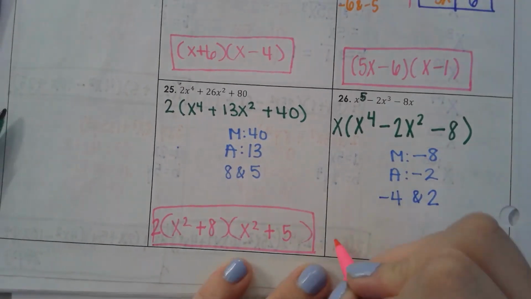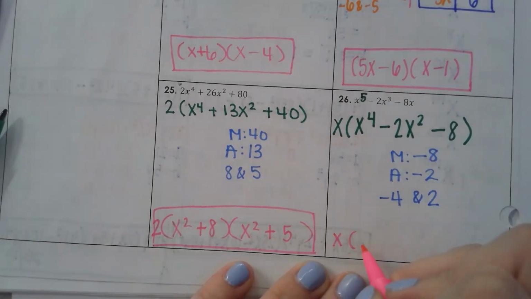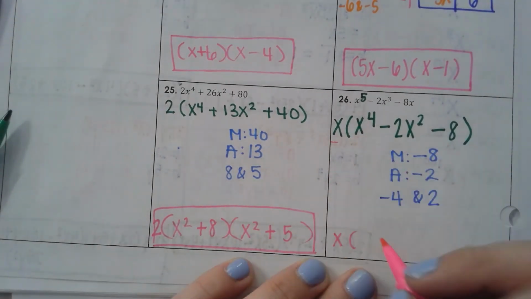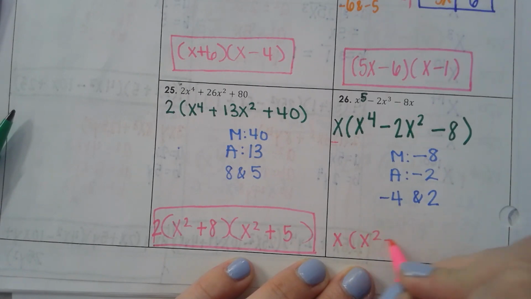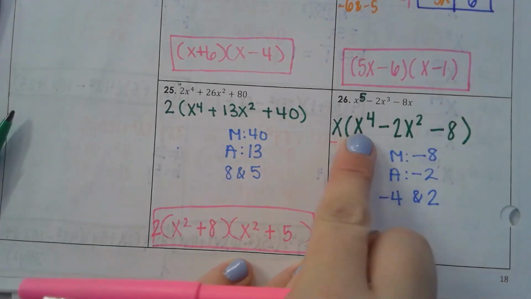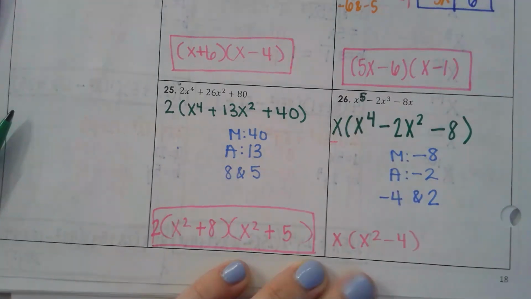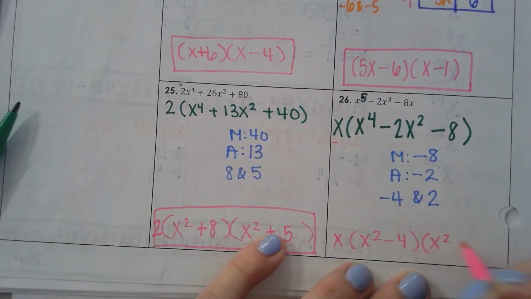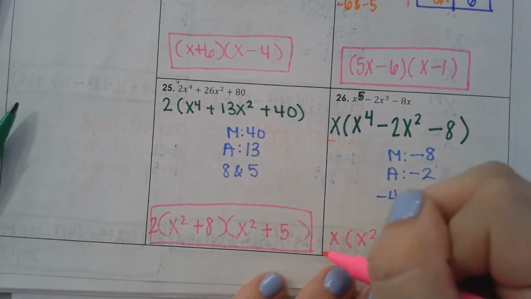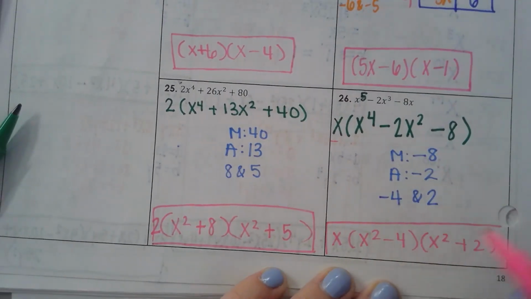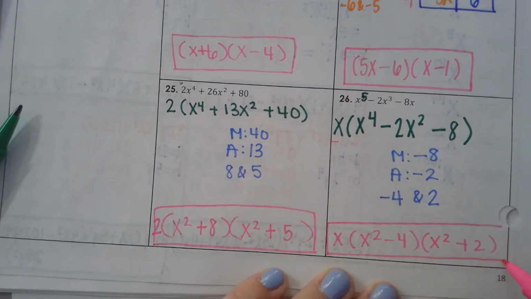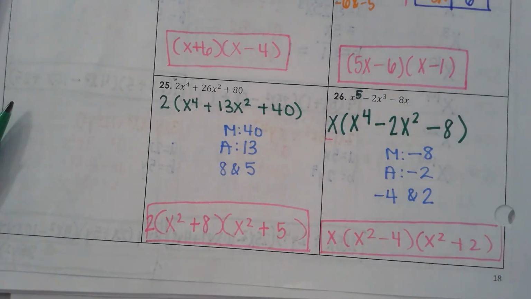So I have x for my GCF, x squared minus 4. So I'm using my x squares because of that was a 4. And x squared plus 2. And that's where we're stopping today.